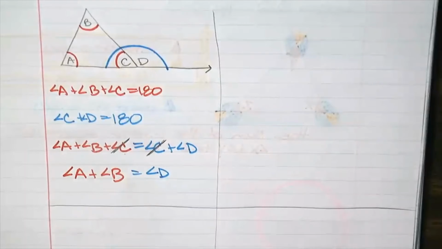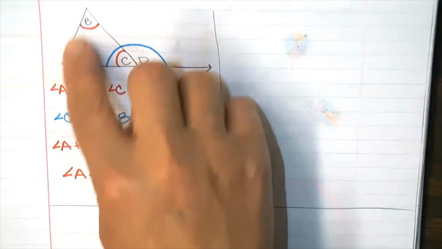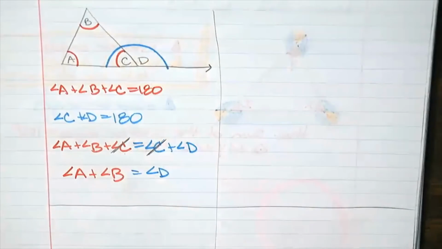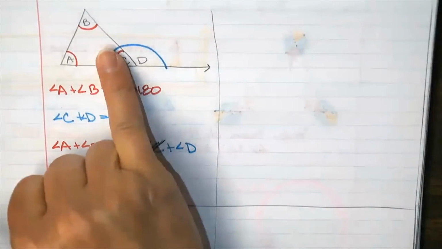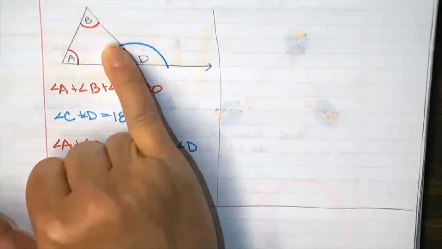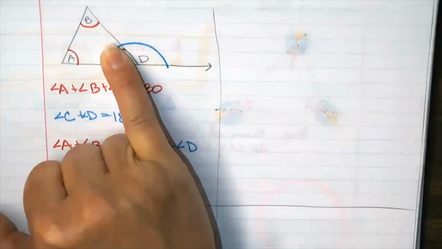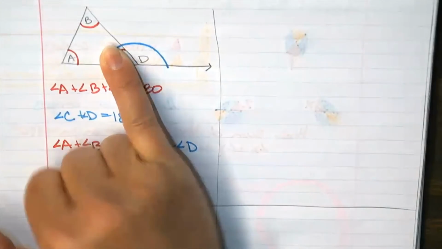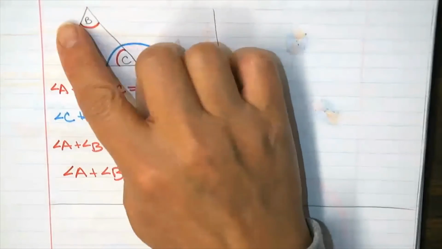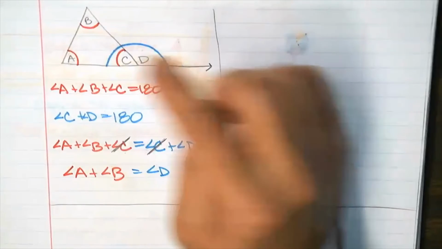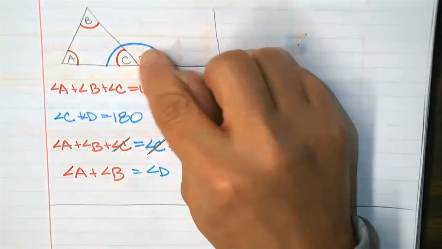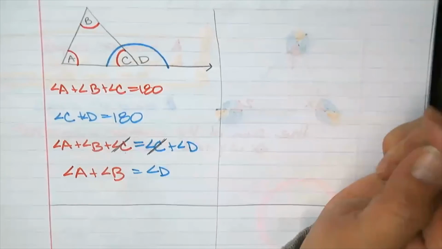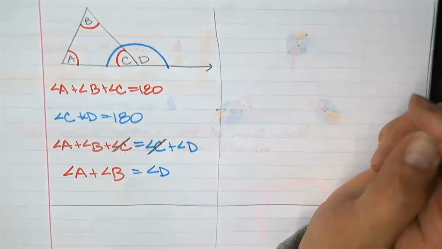And that kind of makes sense. If these three angles are 180 degrees and this is 180 degrees, and I'm removing angle C, angle A and B are equal to D. Because if we tear these pieces off and we put them in here, this is angle A plus angle B. Can you guys see that?